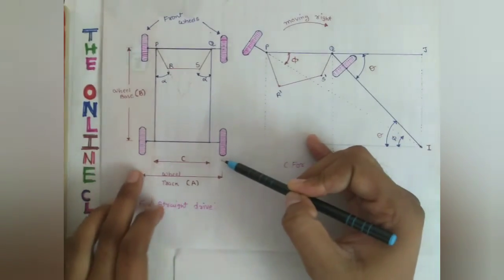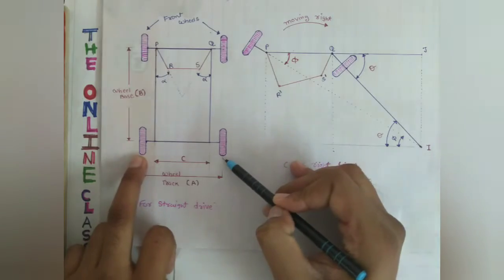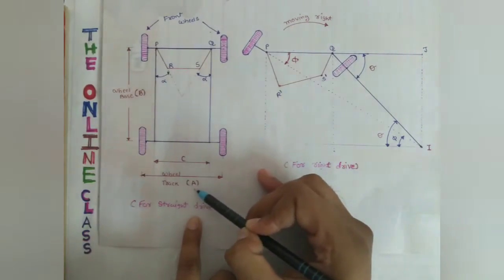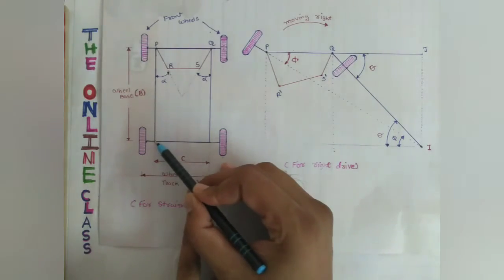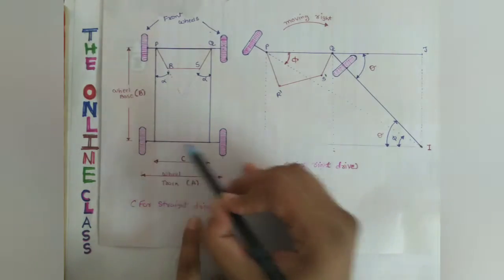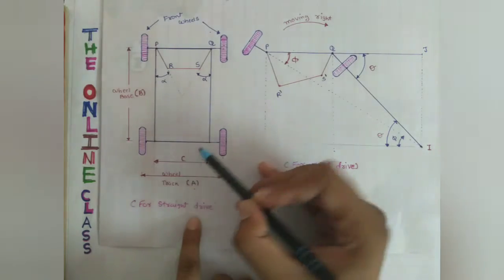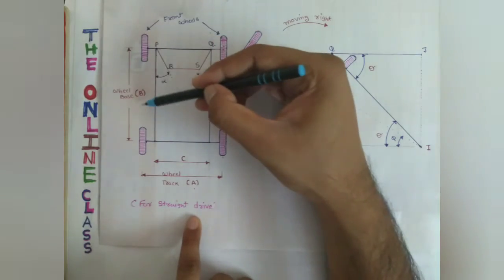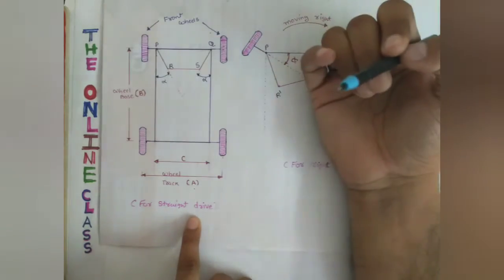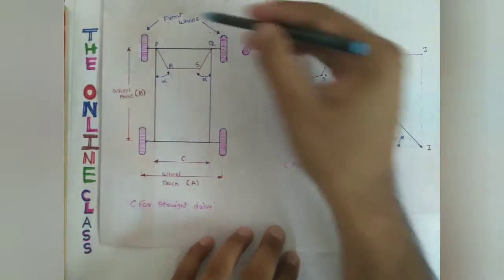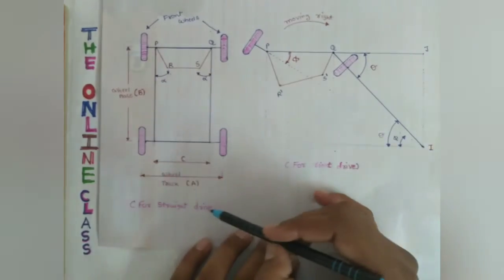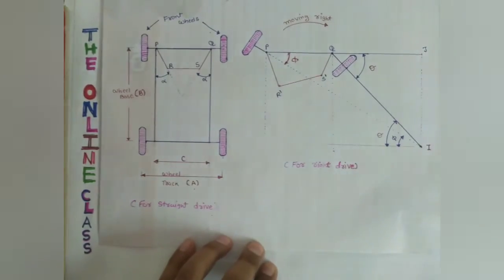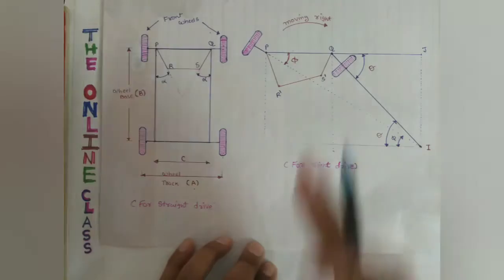The distance between the two rear wheels is called the wheel track A. The distance between the two pivots is C, and the distance between the front axle and rear axle is the wheelbase B, which is also shown there. So this is the diagram for straight drive, when our vehicle is moving in a straight line.